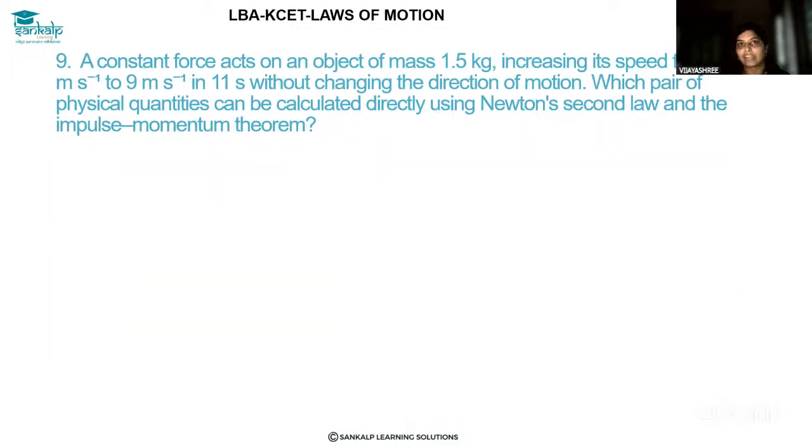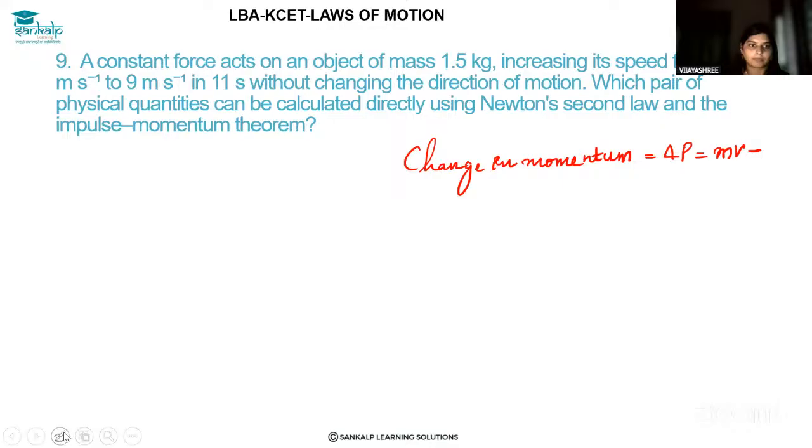Now we can calculate change in momentum. Change in momentum, delta p, is equal to final momentum minus initial momentum. Momentum is nothing but mass into velocity. Delta p equals p final minus p initial, which is equal to m v minus m u, which is m into (v minus u).